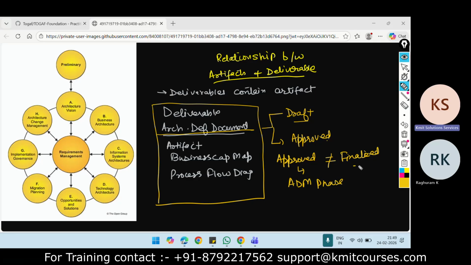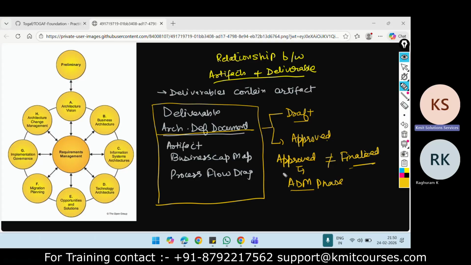So you have finalized something, but that still needs approval. Finalized is not approved. Approved is approved. The difference is that finalized documents, artifacts or deliverables, once reviewed and approved, are then called approved.